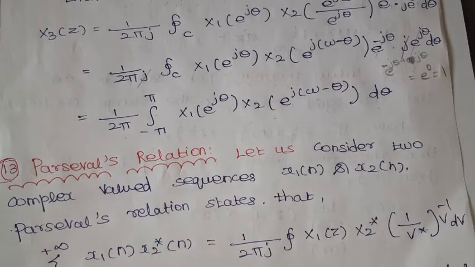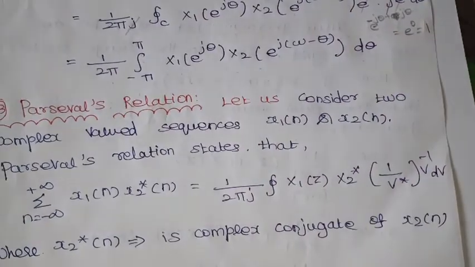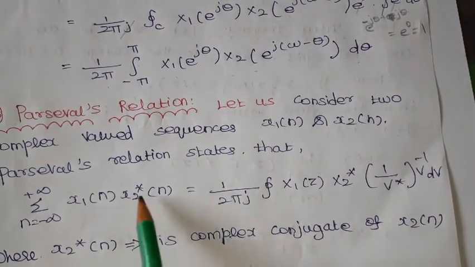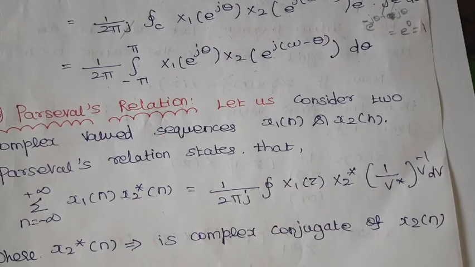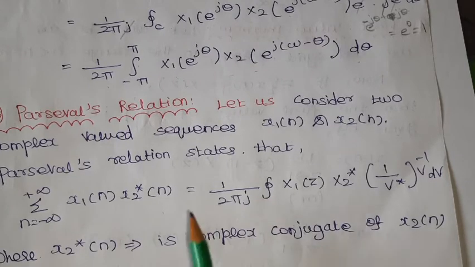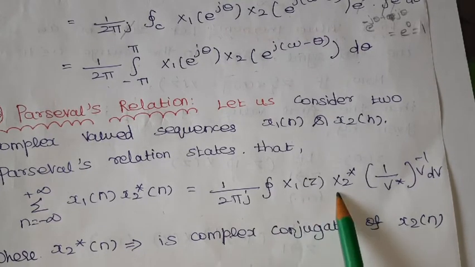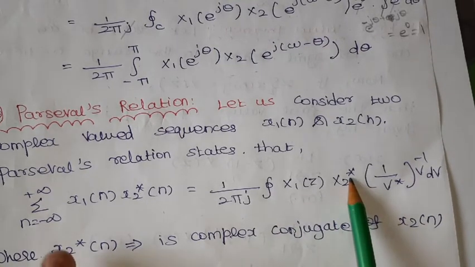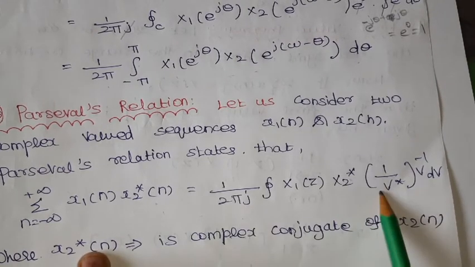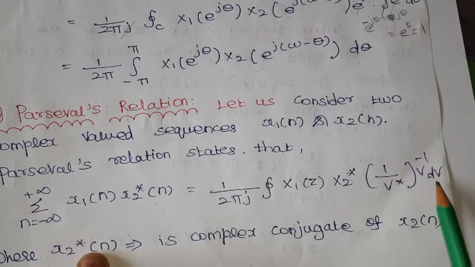Parseval's relation states that the summation from n equal to minus infinity to infinity of x1 of n into x2 star of n, which is nothing but the complex conjugate of x2 of n, is equal to 1 by 2 pi j closed integral of x1 of v into x2 star of 1 by v star into v power minus 1 into dv.